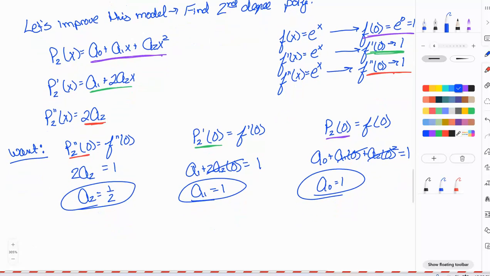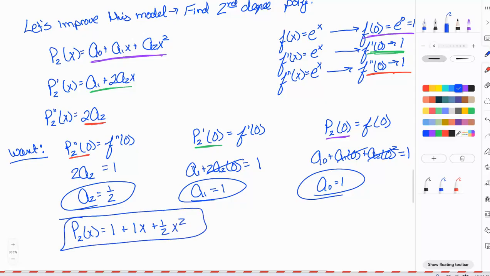So I know what those coefficients look like now. It took 3 equations to figure out the 3 unknowns. So my polynomial P2 of x would be equal to a naught, which is 1, plus a sub 1, which is 1 times x, plus a sub 2 times x squared, which is 1/2 x squared. So this guy should be a better model than what the other one was.